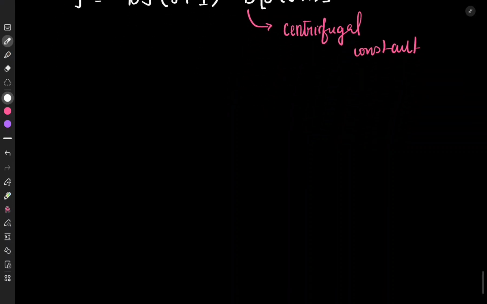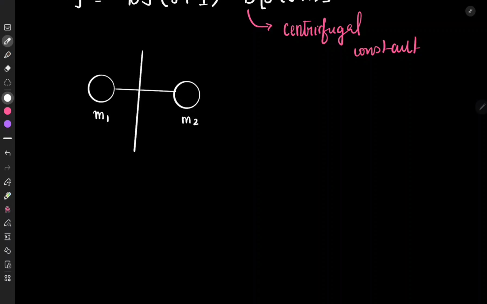Now consider a diatomic molecule which is rotating about its center of mass. There is one mass m1, and there is mass m2, rotating about its own center of mass axis with an angular velocity omega. We can consider it as a single particle of reduced mass nu.